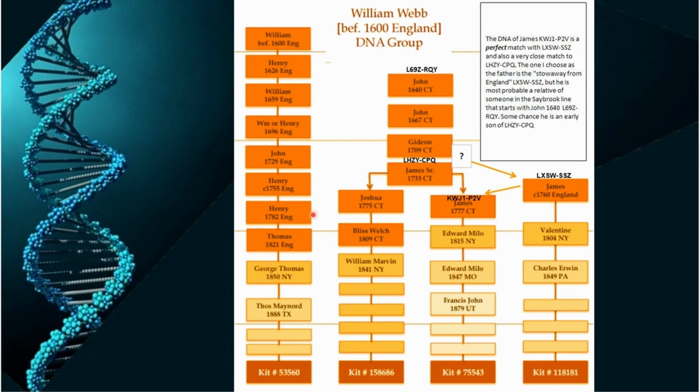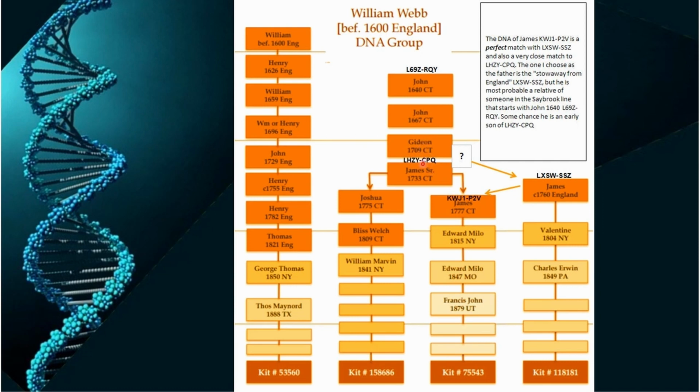So his DNA would be farther away from me and would land more up in here if he really came from England. But because his DNA is so close, he is either a son of James, 1733, or some of Gideon's other sons, or Gideon, or from this, probably not even as far back as this John Webb line, because that would be enough time to have the DNA actually drift more than it is.